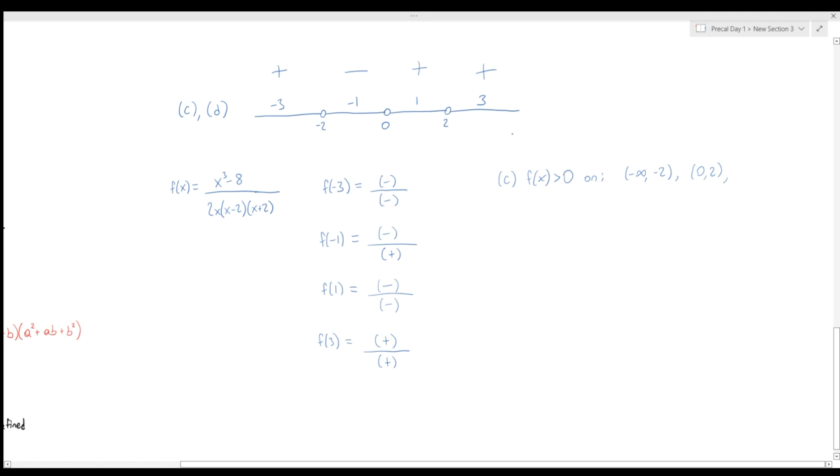And also positive from 2 to infinity. And then f will be negative only on this one interval from -2 to 0. Okay?